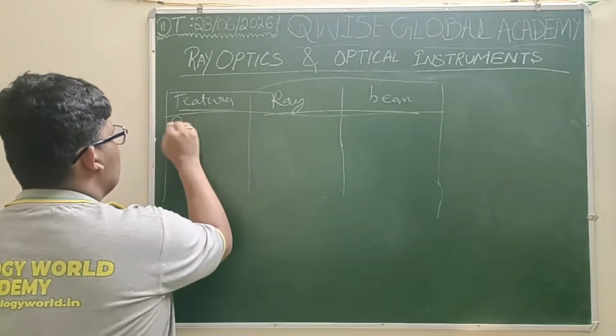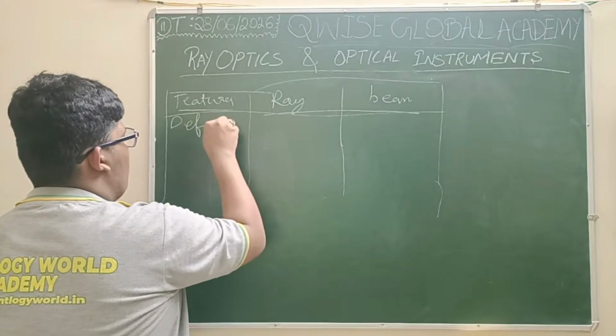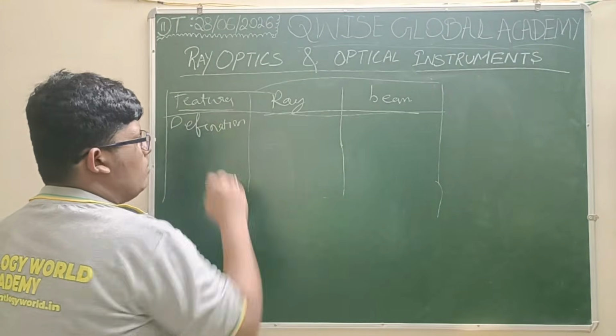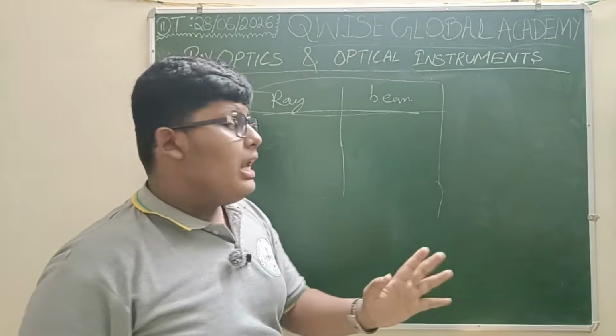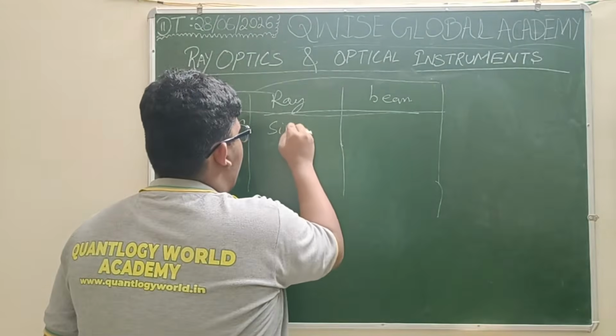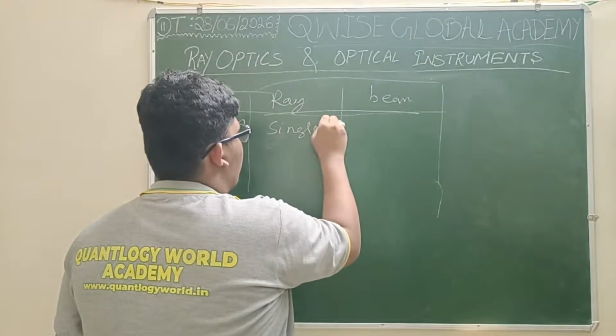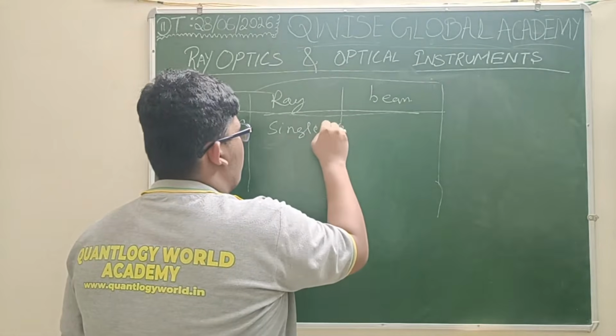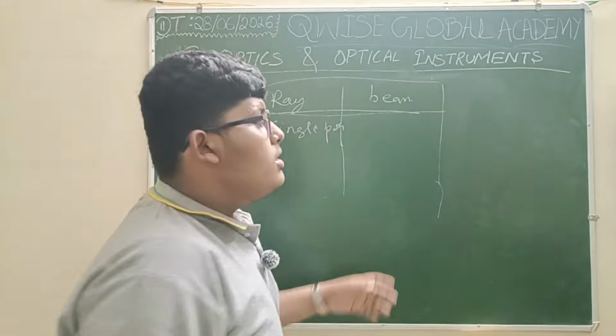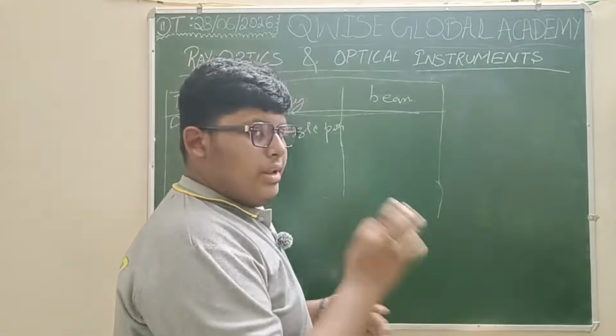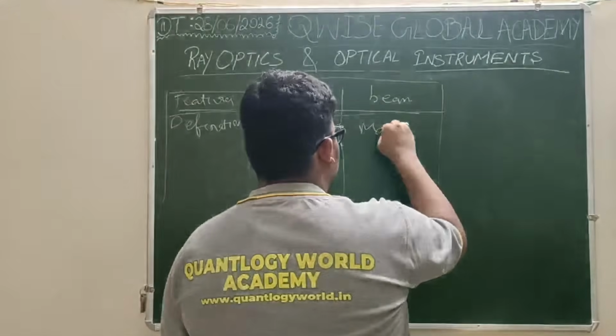The first feature is definition. Ray means a single path. And beam means a bundle of rays, or we can say many rays.